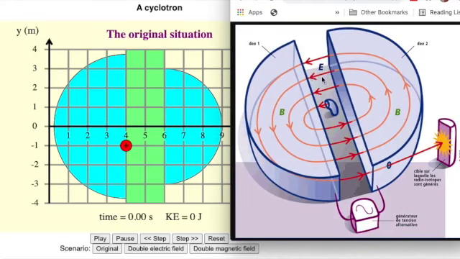Once the charged particle attains a suitable velocity, it will exit from the exit point. So this is a brief theory part of a cyclotron.